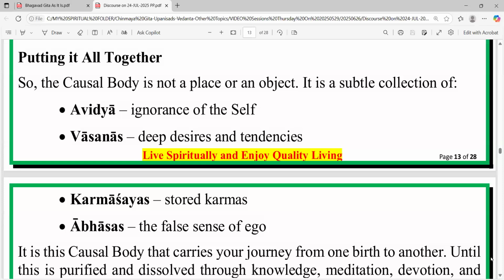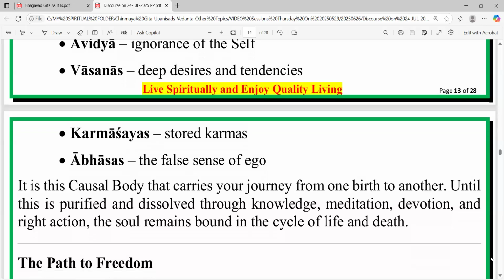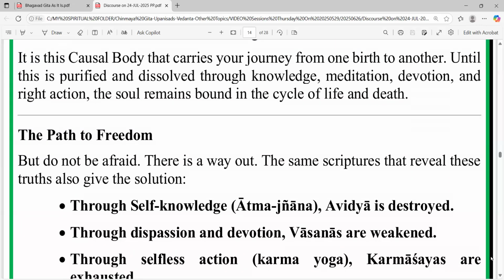Number two, vasanas, which are deep desires and tendencies. Number three, karmashayas, which are stored karmas. And number four, abhasas, the false sense of ego. It is this causal body that carries your journey from one birth to another. Until this is purified and dissolved through knowledge, meditation, devotion, and right action, the soul remains bound in the cycle of life and death.